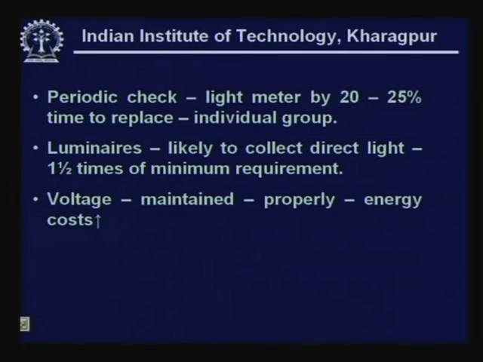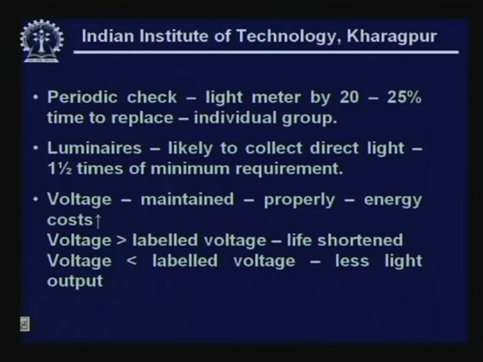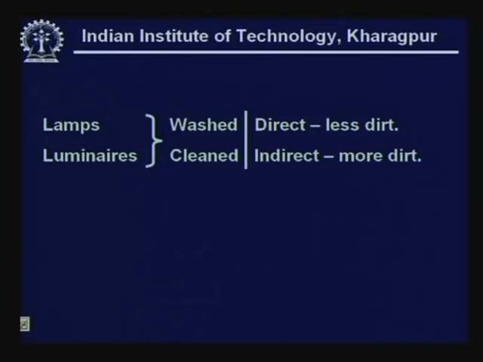If maintained properly, it will be good. Otherwise, energy costs go high. In case the voltage available is greater than the label voltage, the life is shortened. On the other hand, if the voltage is less than the label voltage, light output is low. No doubt energy costs may be low, but due to inefficiency, that may increase other costs.